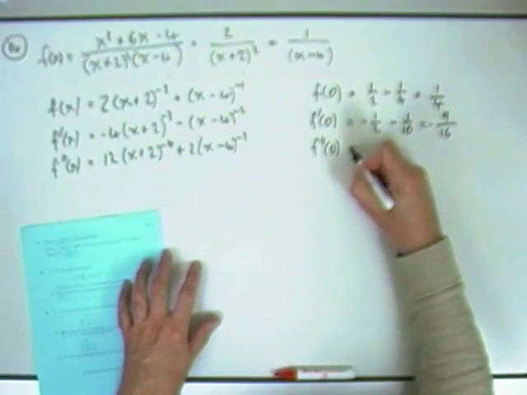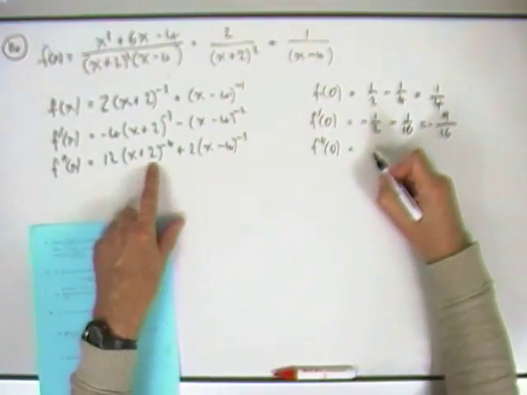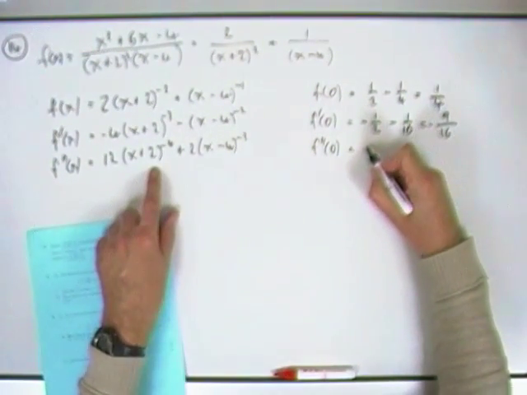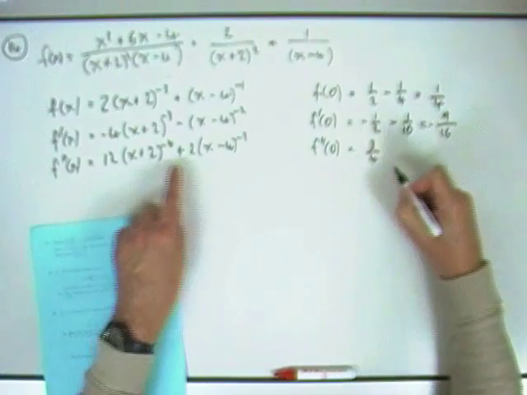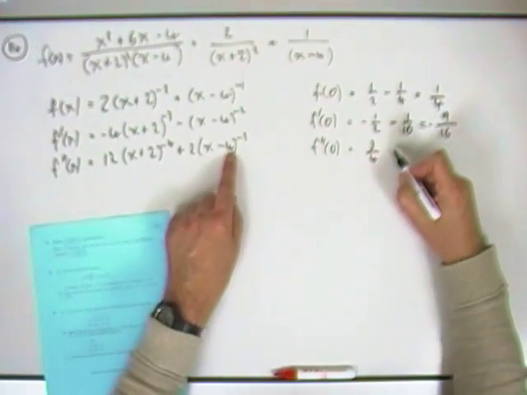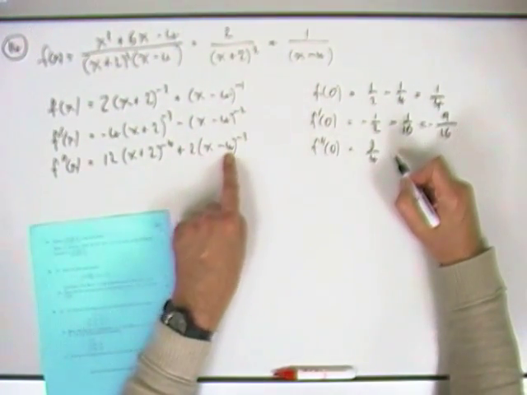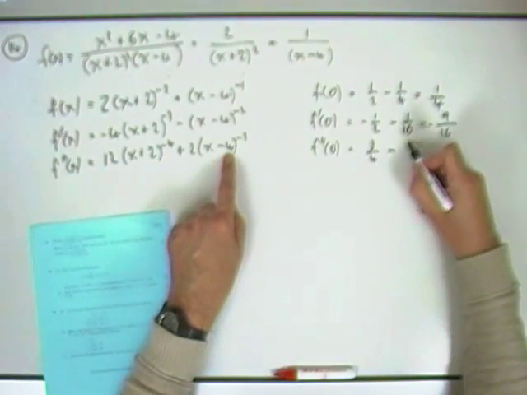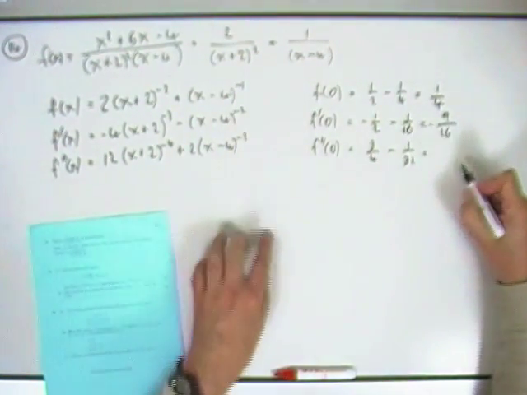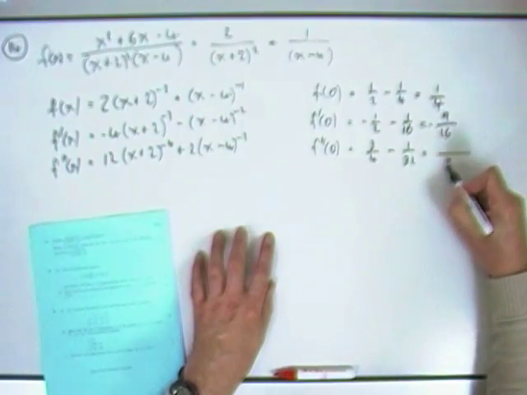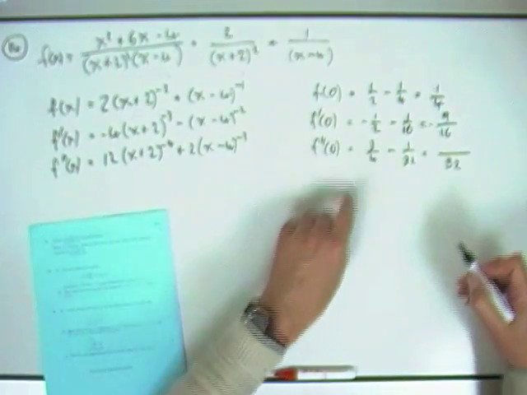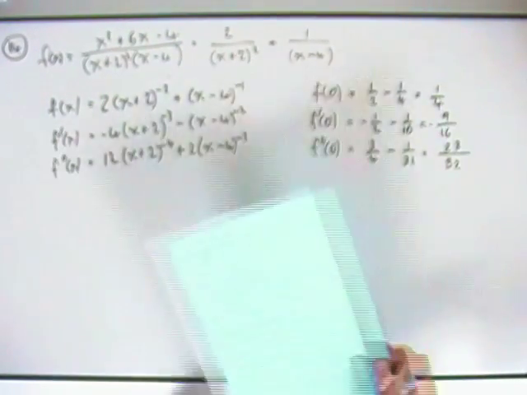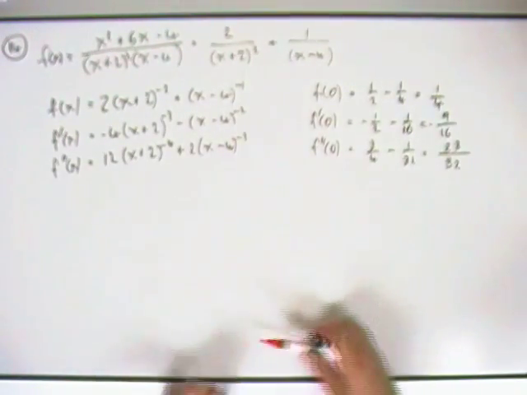Work out this one at 0, so this time I've got a 16 underneath, so I've got 12 over 16, that's 3/4, and that one's got, oh no, because that's going to have a 64 underneath, it's a negative 64 as well, but 2 times, so it's a 32nd, so I'll have to change that into 32, so it'll be 8 of them is 24, take away 1 is 23. The arithmetic's a little bit nasty here. And that's it, at least I've got the first three terms.